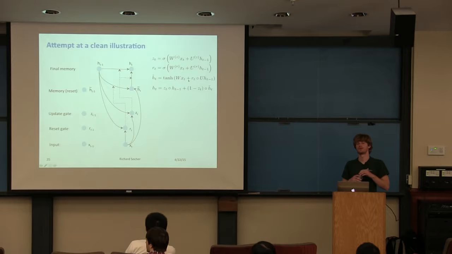So you no longer have the matrices WHH and WXH, and you do not have the matrix multiplication of the fixed state with the next state. Like in the simple algorithm, we do something like HT equal to some function of WHH times HT minus 1, so we no longer have those matrices.